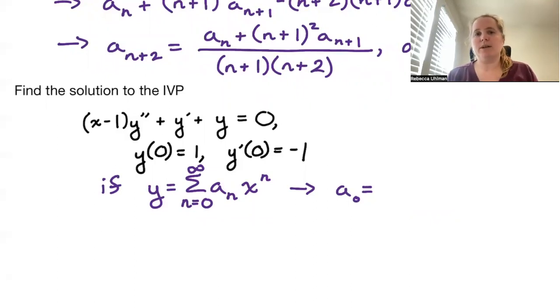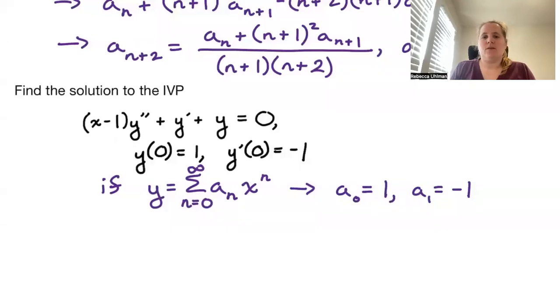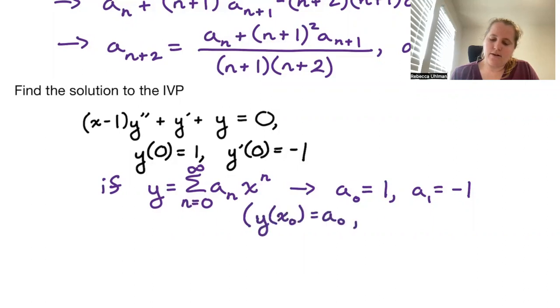Let me just update my screen. Again, this came from the fact that y of x naught should equal our a naught and y prime of x naught should equal our a1.